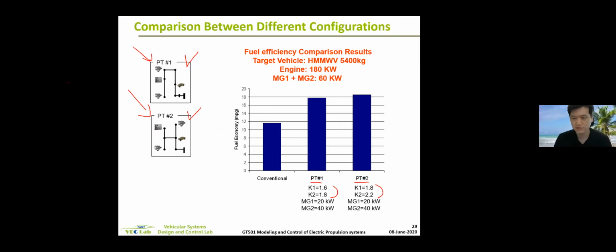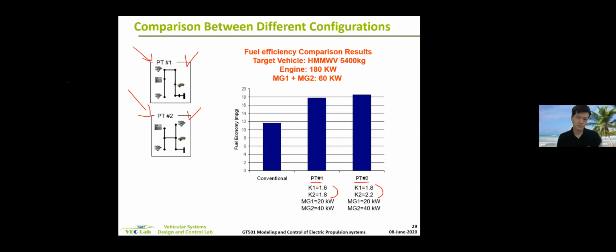Meaning that if you want to compare powertrain A with powertrain B, to make sure this becomes a fair comparison, you need to investigate their fuel economy with optimized gear ratio and optimized control, right?